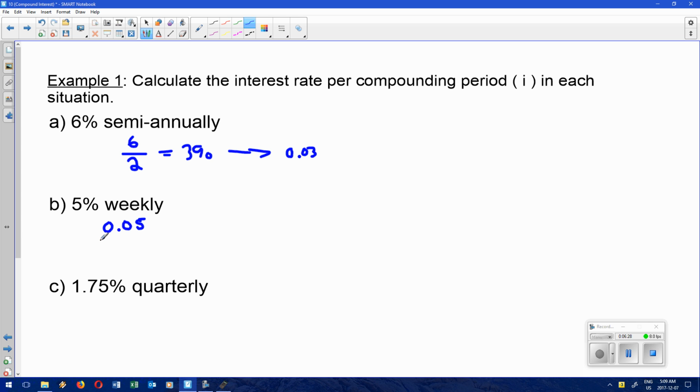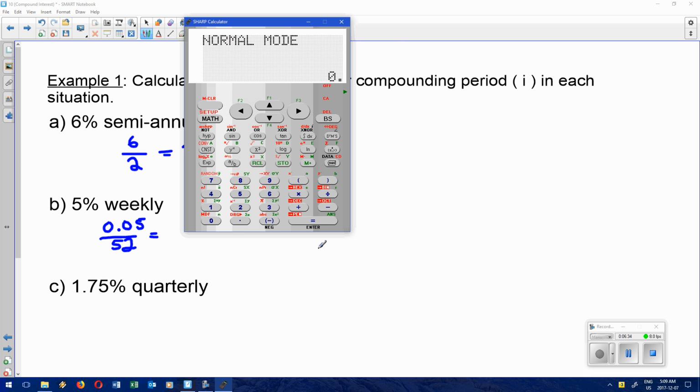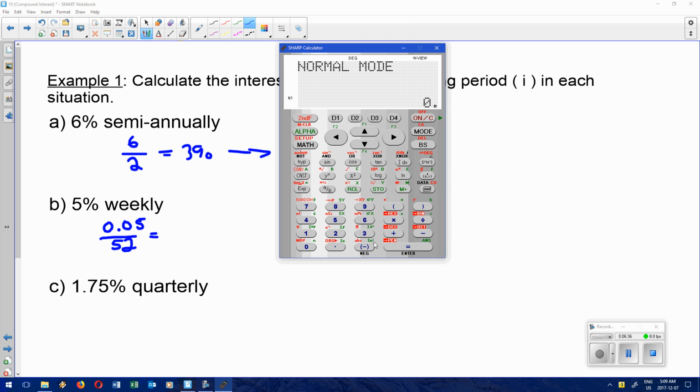And weekly, that is 52 times per year. I'm going to grab a calculator here, and I've got 0.05 divided by 52. I need to see that as a decimal. Okay, so 0.009615.